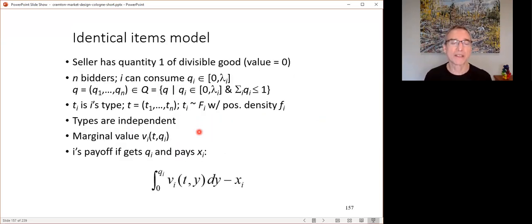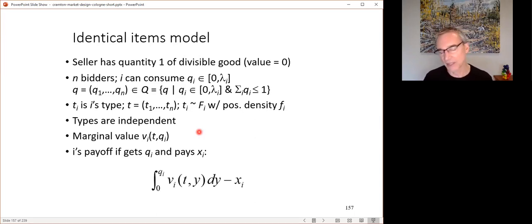So we're going to be auctioning identical items. So a divisible good, let's say there's a quantity of 1 and there's n bidders. Bidder i can consume anywhere from 0 up to some maximum, but the maximum could be 1. So it could be no constraint whatsoever. We put that in because there's many markets where there is a constraint in how much any one bidder can win.